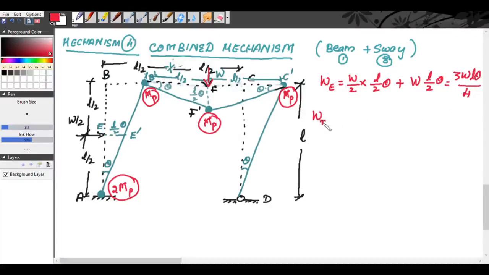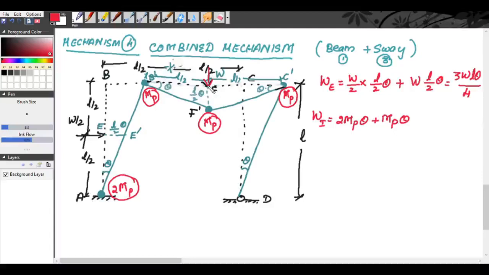Now internal work done will be equal to the plastic moment into the rotation. So at A it is 2 mp into theta. At B, that is B shifted to B dash, it is mp into theta.